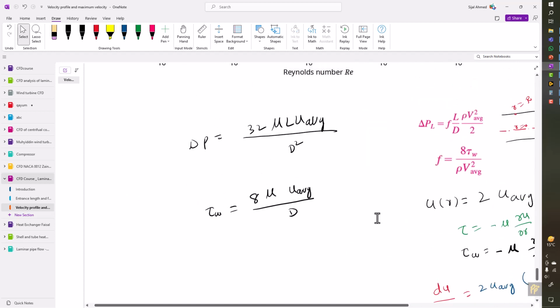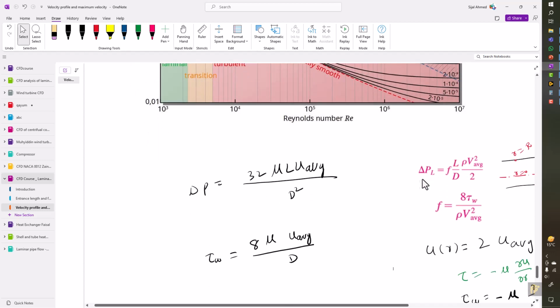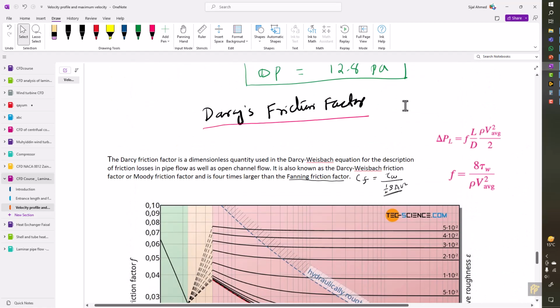One thing I want to clarify is that the actual derivation for the friction factor or the head loss can be obtained using the momentum balance. With the momentum balance, you can directly get this equation. But I was interested in finding out how we get these relationships in this sequence.